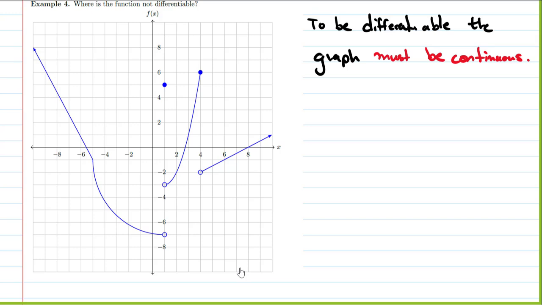The slope has to be the same on both sides of whatever point you're talking about. So the informal way to talk about this is the graph must be smooth.